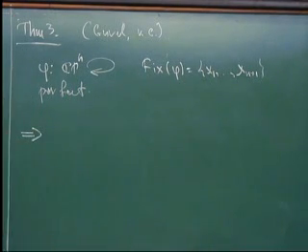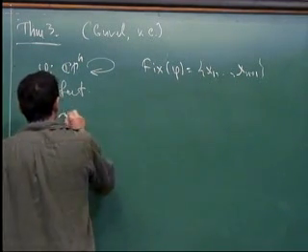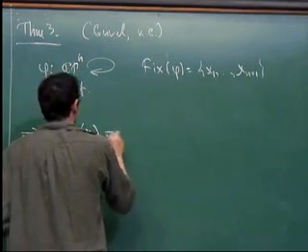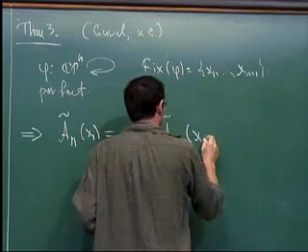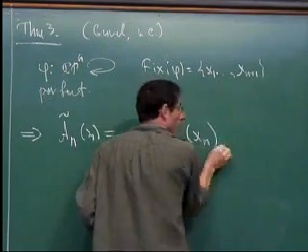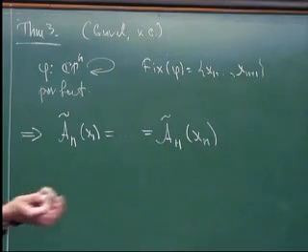Then all fixed points have equal augmented actions. So actually, it's not just that two of them are equal. They all are equal to each other.